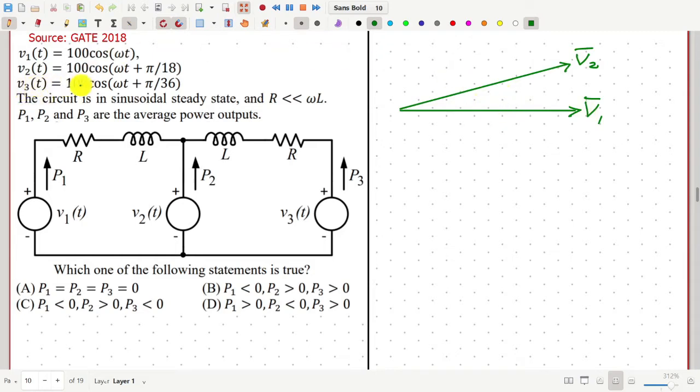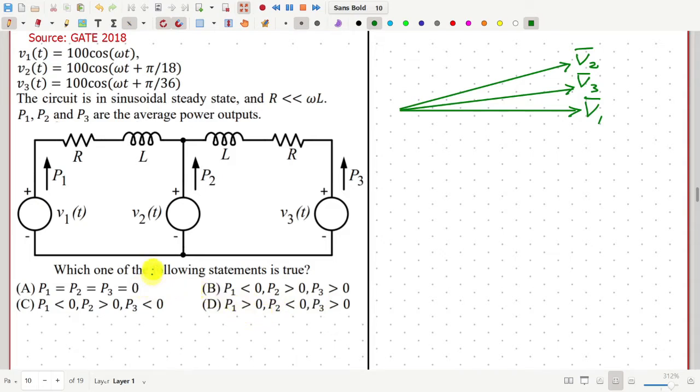And then V3 is leading V1 by pi by 36, that means 5 degree. So V3 will be here. Now we also have R resistance, much smaller compared to omega L, impedance of these inductors. Then we have to find out which among these four possible statements is correct.